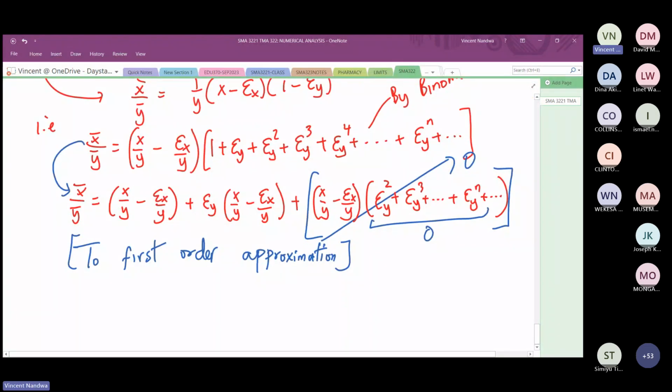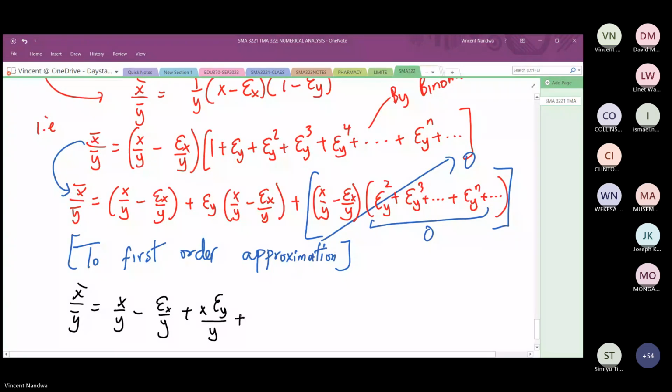So therefore now we have x bar over y bar. So then now we open these ones here. We have x bar over y bar equals x over y minus error in x over y. So when I multiply this by this, I get x error in y over y, plus I multiply this by this quantity here, I get error in x times error in y divided by y.